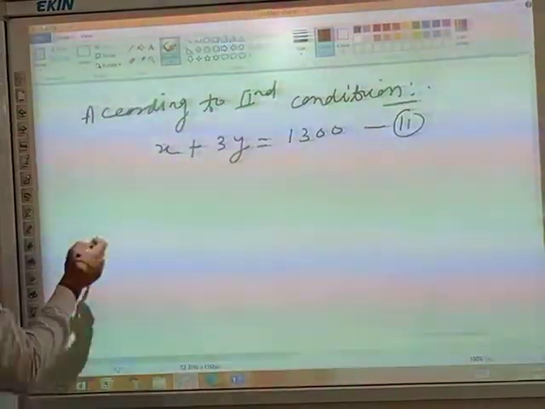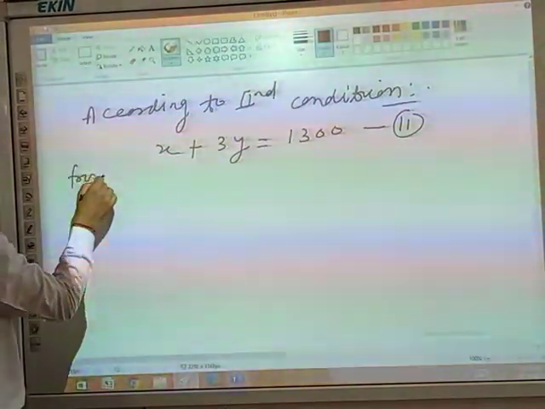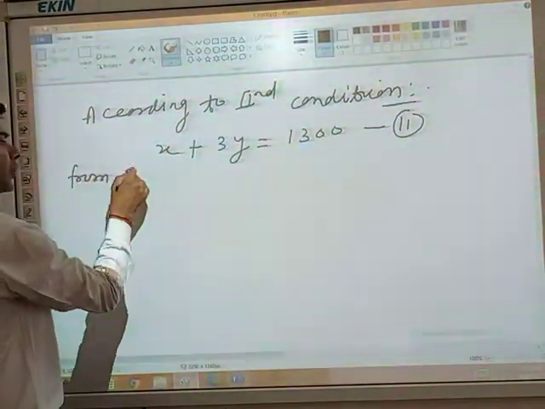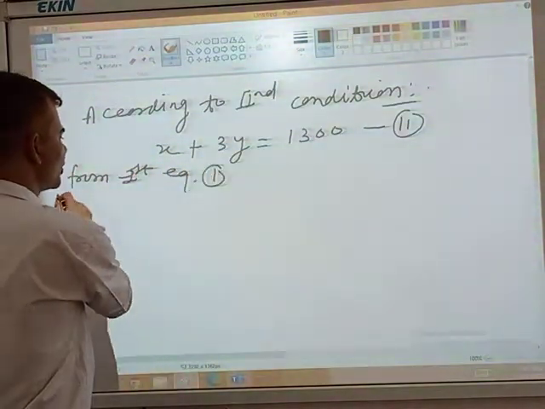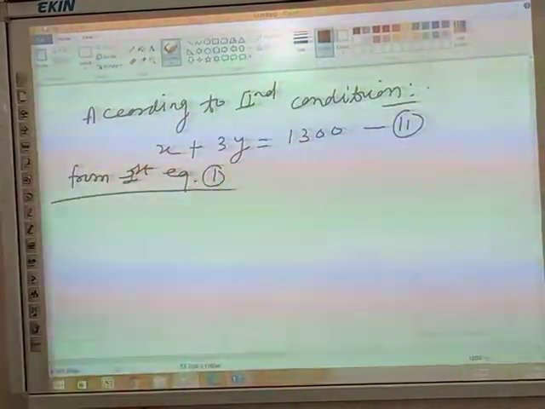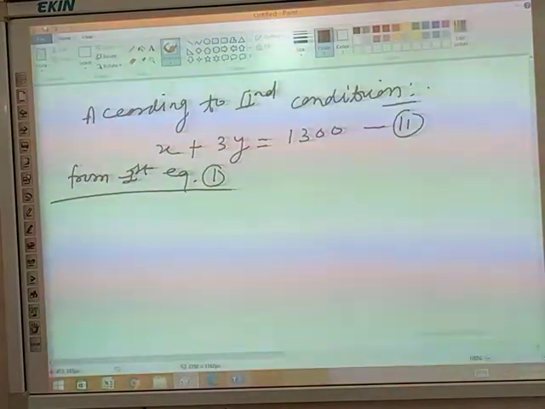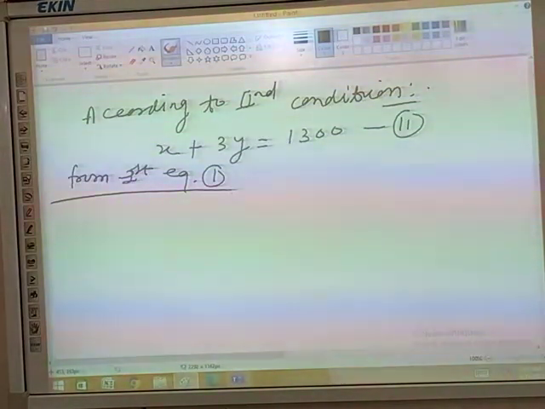Now students, from the first equation, what is your first equation? x plus 2y is equal to 1300.